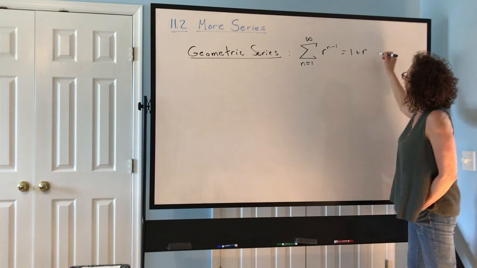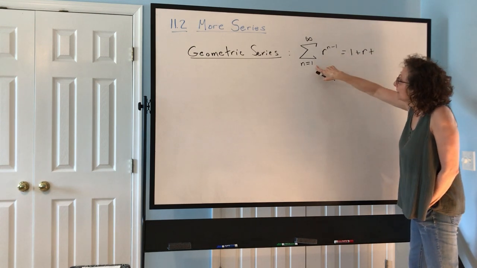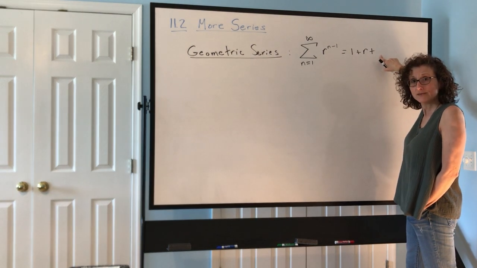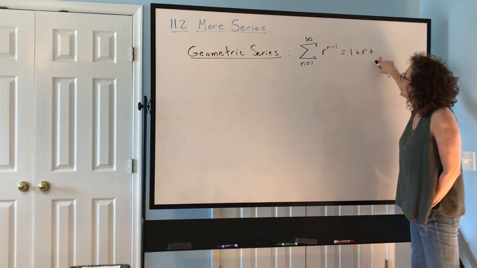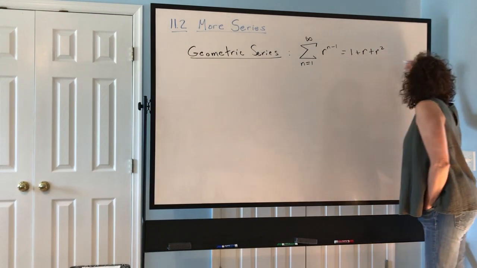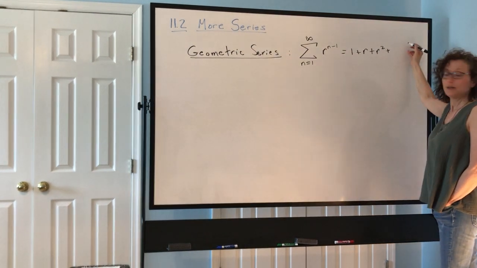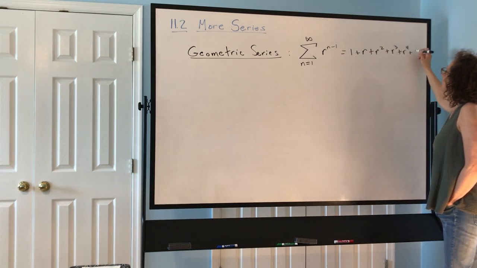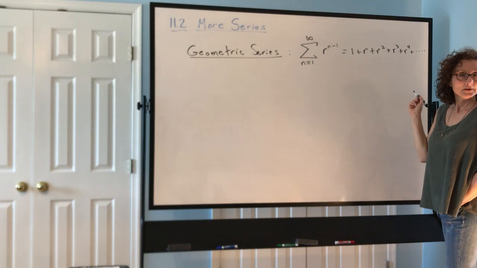Then we add. Then we increment the counter. So it'll be 3 for our third term. And what do we get? R to the 3 minus 1, which is R squared. Do you see the pattern here? Plus, what will the next guy be? Good. R cubed plus R to the 4th, on and on forever.